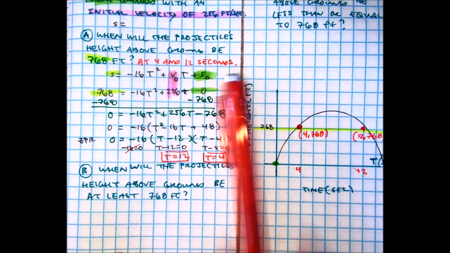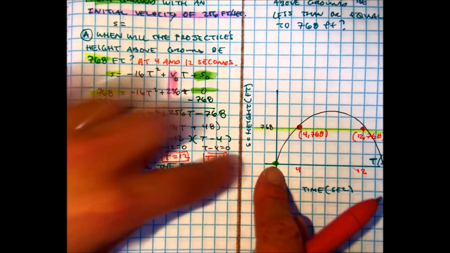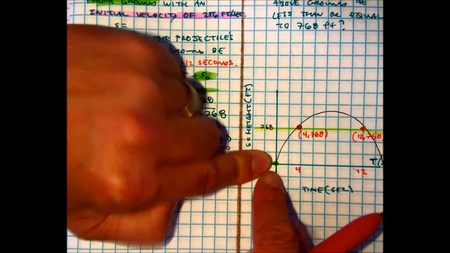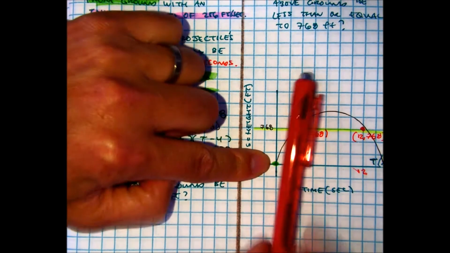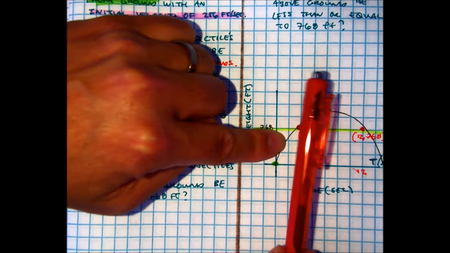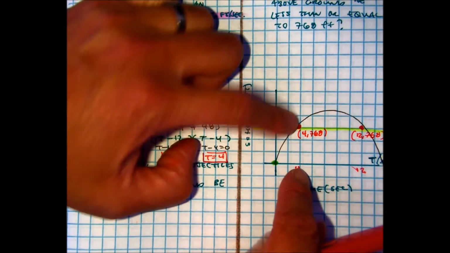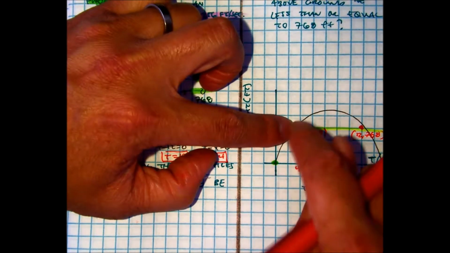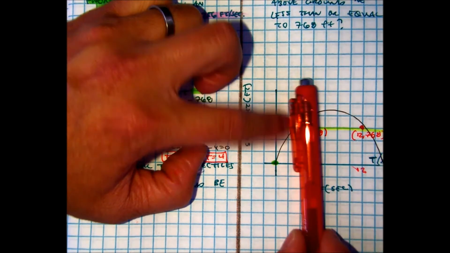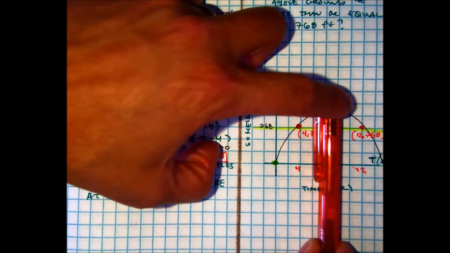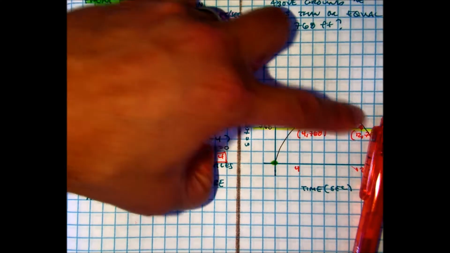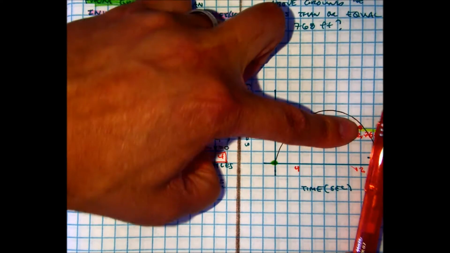That means at 0 seconds, Erica has not kicked her sister's hairbrush. And then after 1 second, it's flying through the air, right? At 4 seconds exactly, it's at 768 feet. Then time's going on, but the hairbrush is falling down, and it comes back down to 768 feet at 12 seconds.